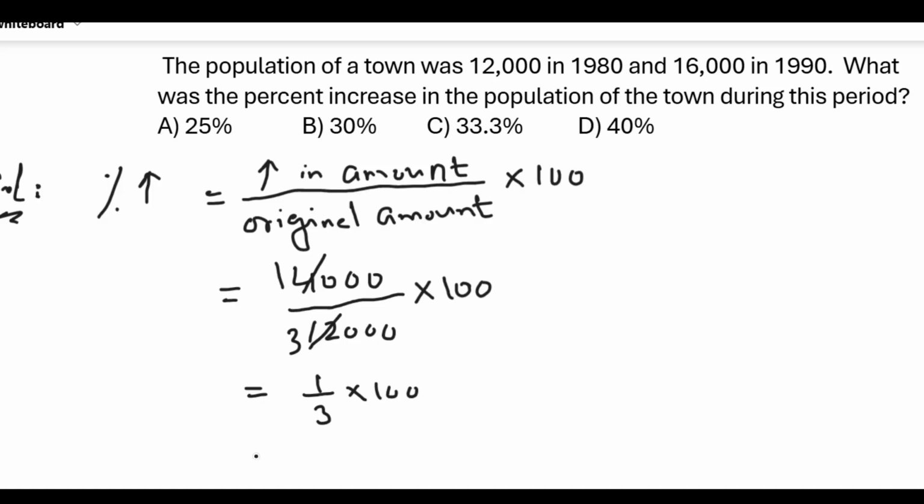So this will become 100 divided by 3, which is equal to 33.3. So the percent increase of the population will be 33.3% during this period. So 33.3 is the correct answer.